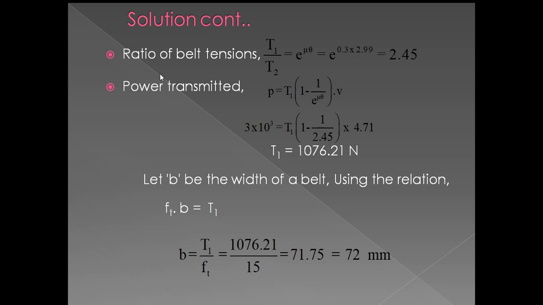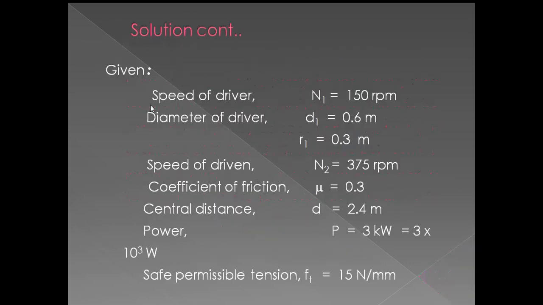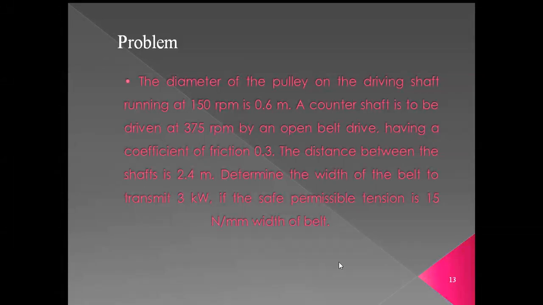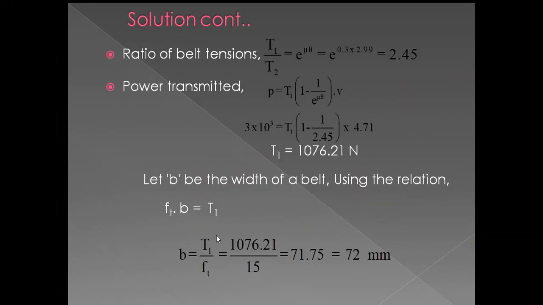So if the design stress, the permissible tension, is given in Newton per mm width of belt, then T1 equal to Ft into B. So B equal to T1 by Ft, that is equal to 72 mm here.